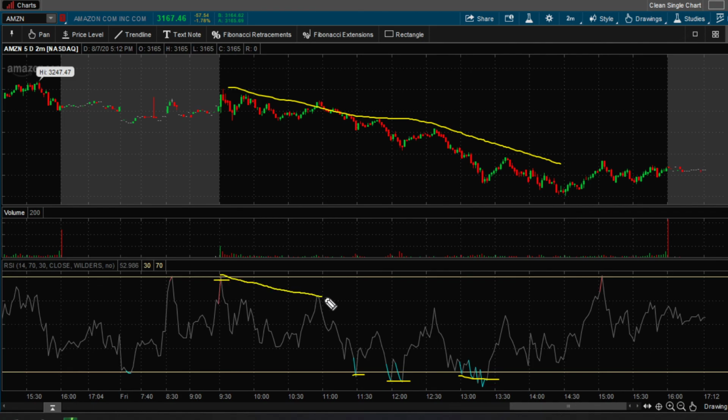You also could do this here on the RSI, telling you there's a bearish trend there. So you would look for bearish moves, short selling the stock, or if you do options, you buy puts to go for the move. But that's just another example on the RSI.